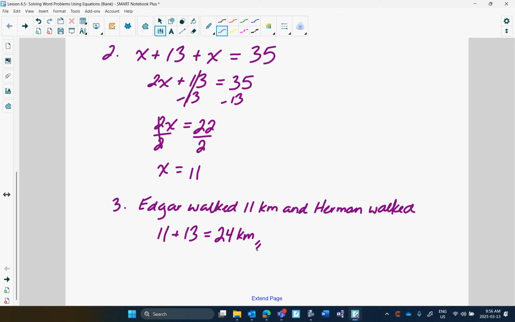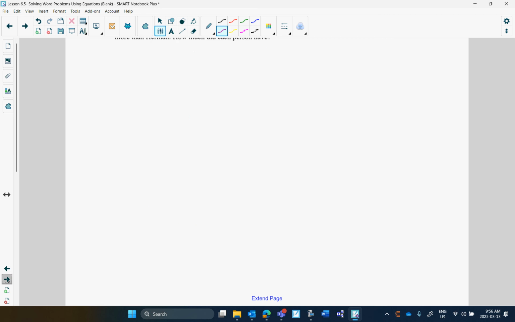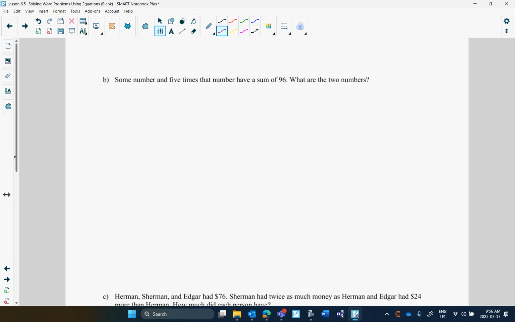So that's how we solve word problems using algebra whenever there's some unknowns. So let's look at a couple more. Usually there's two unknowns. Sometimes there might be more. Some number and 5 times that number add up, have a sum, add up to 96.